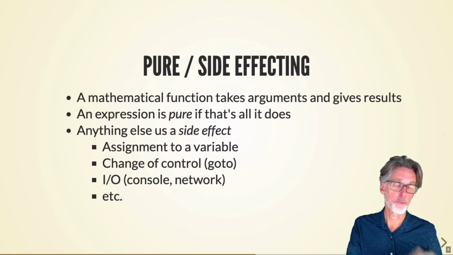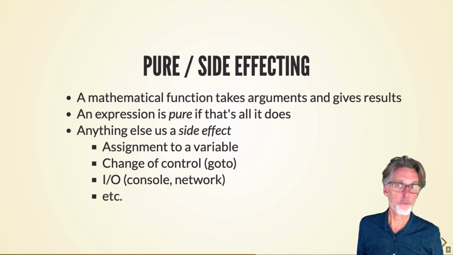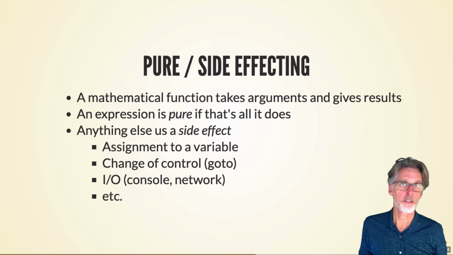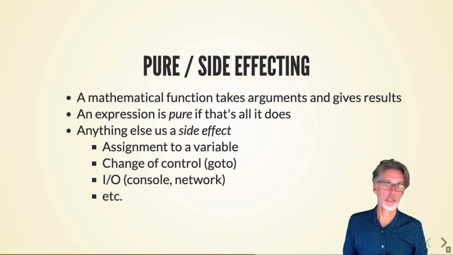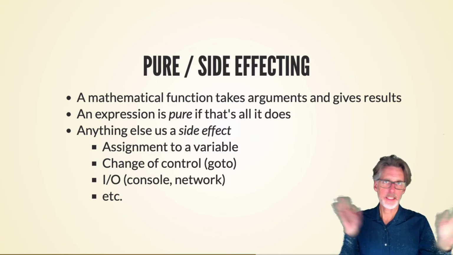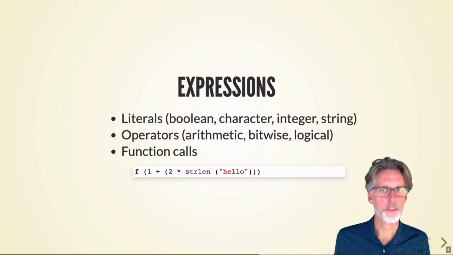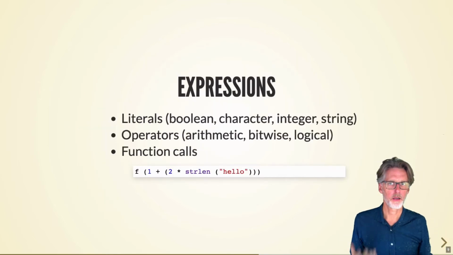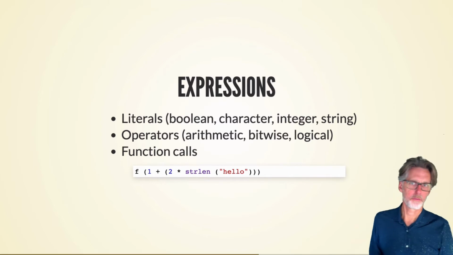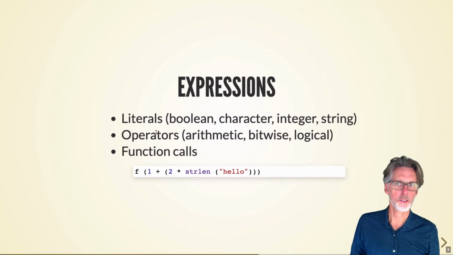So these are, for example, assigning visible variables in memory, changing or jumping around in the control flow, printing out to the monitor, etc. We have pure expressions, of course, in a language like C. We have the literal expressions, we have operators, we have function calls.